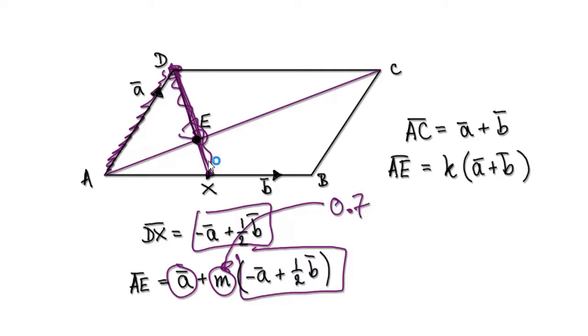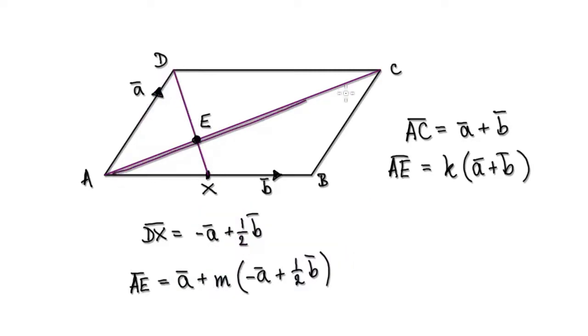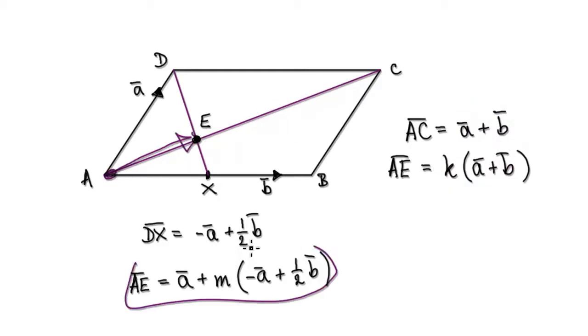Well, anyway, we've got two paths. Looking at this vector here, it's going to be some scalar multiple of that vector. So that's the direct vector from A to E. And then the other one is us moving up here and then down here. It would take us to the same place.